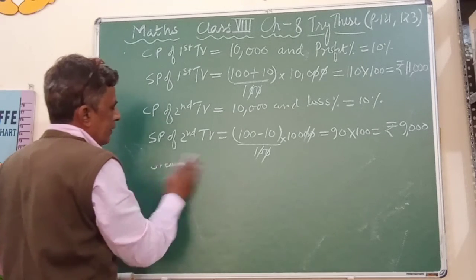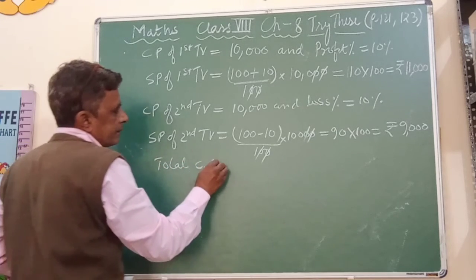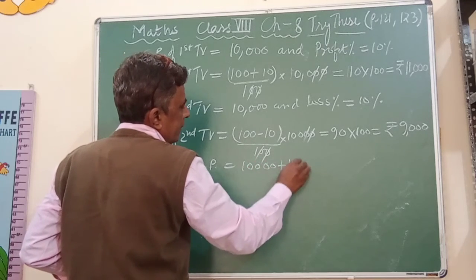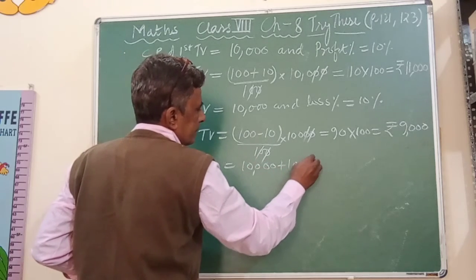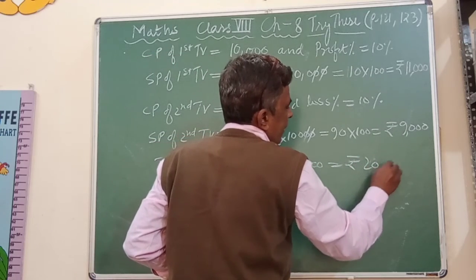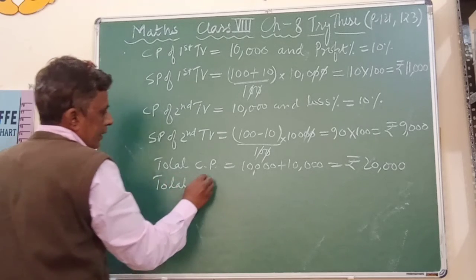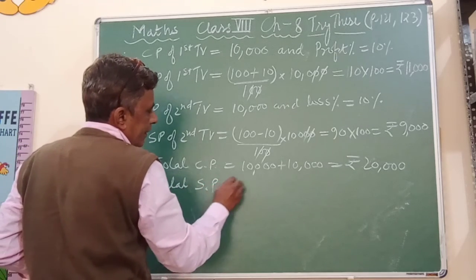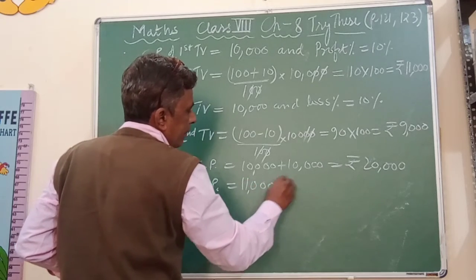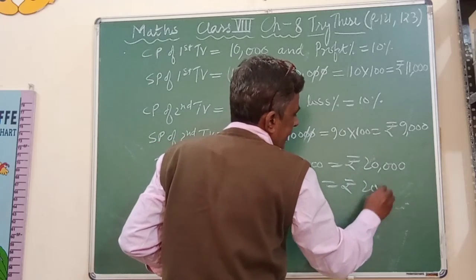Overall, you can write total cost price is equal to 10,000 plus 10,000, rupees 20,000. Total selling price is equal to rupees 11,000 plus 9,000 is equal to rupees 20,000.